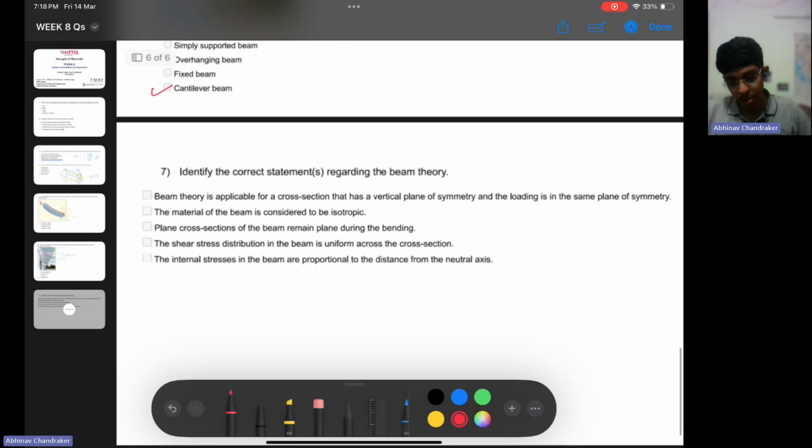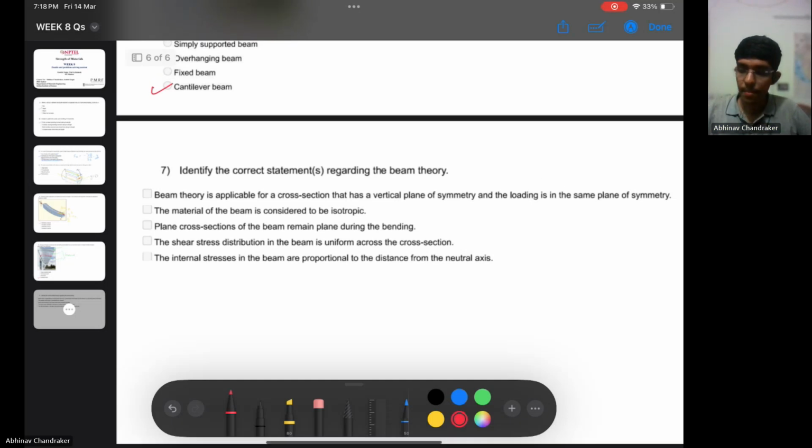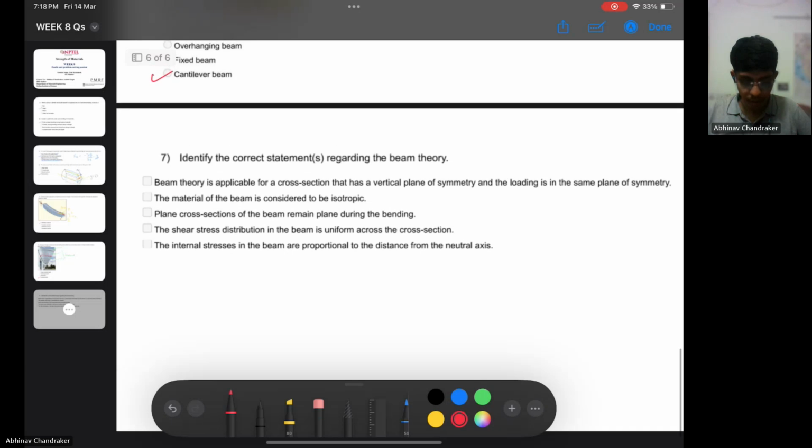The next, this is the last question. Identify the correct statement. Let's look one by one.